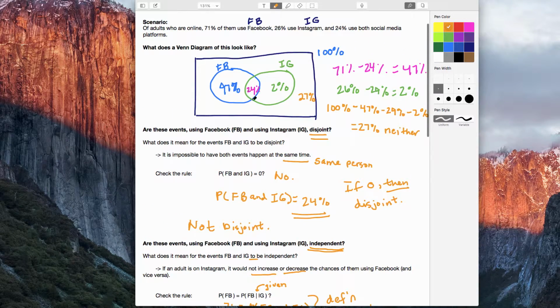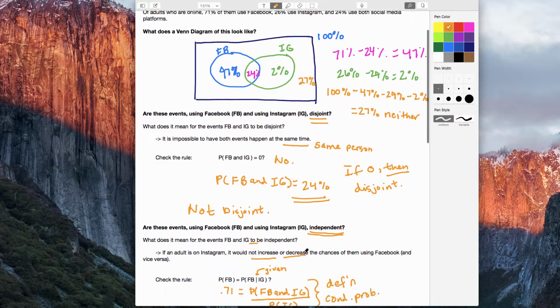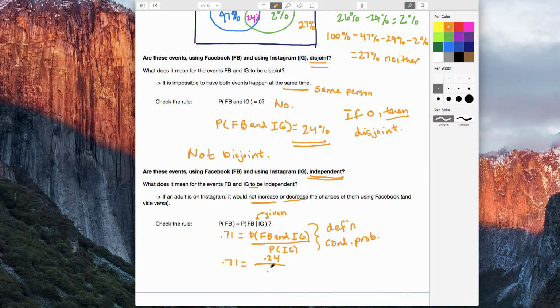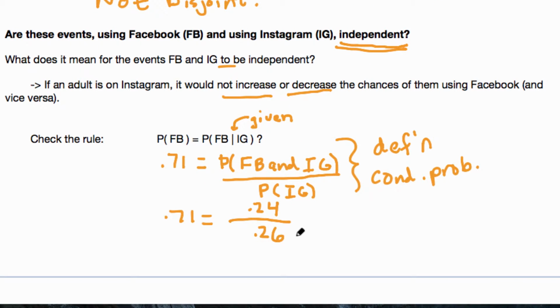This whole entire green circle is 26%, just like it told us there in the problem. 26% of people are on Instagram. All right, so let's look at this fraction right here. The conditional probability is saying out of the 26% of people just on Instagram, this numerator, 24%, is also the people on Instagram as well as Facebook. So it's the proportion that are on Facebook out of the Instagram crowd.